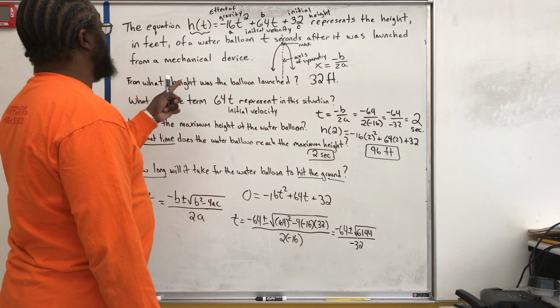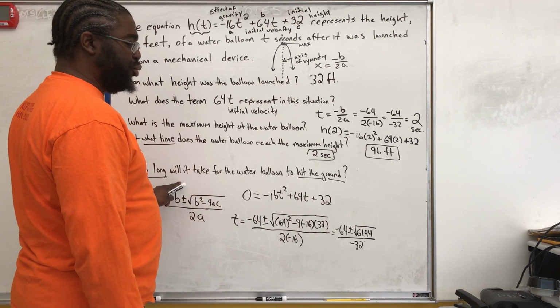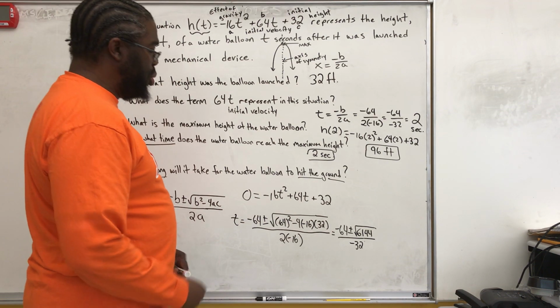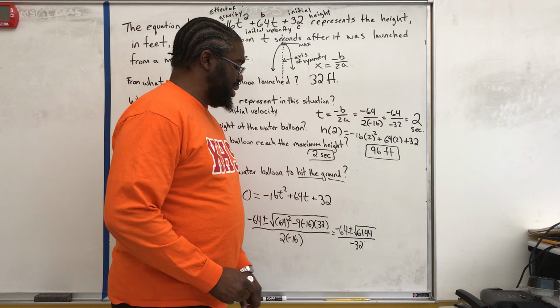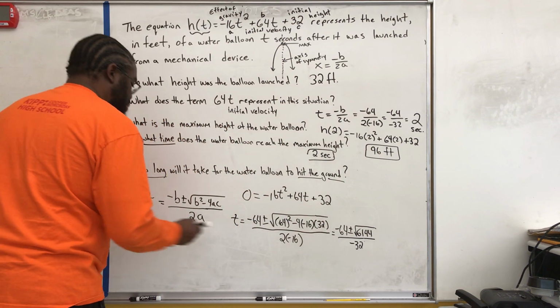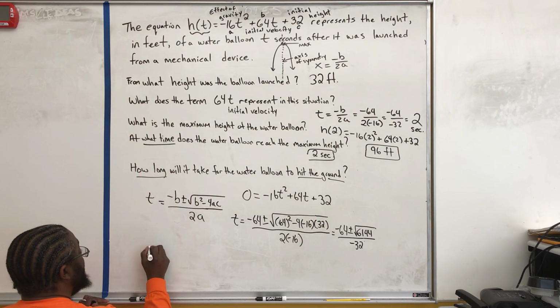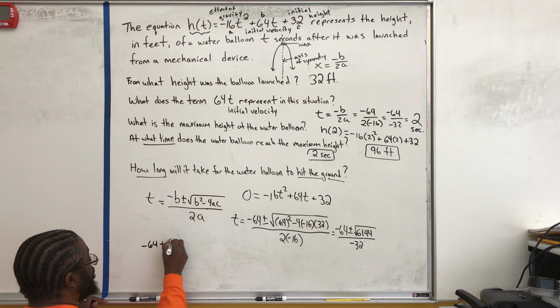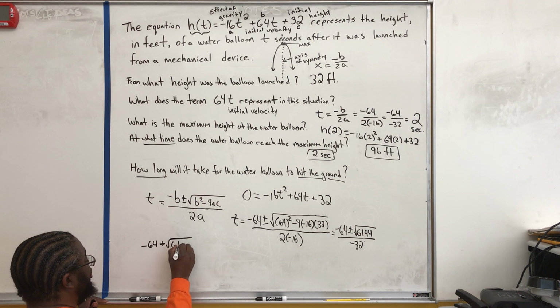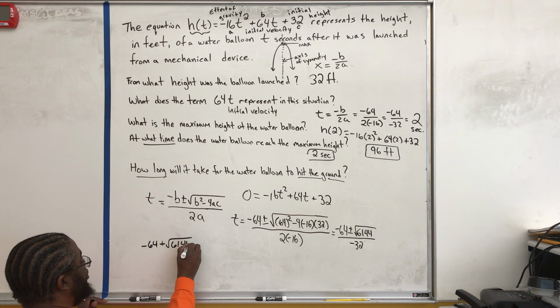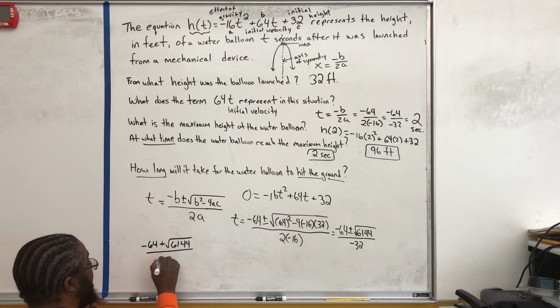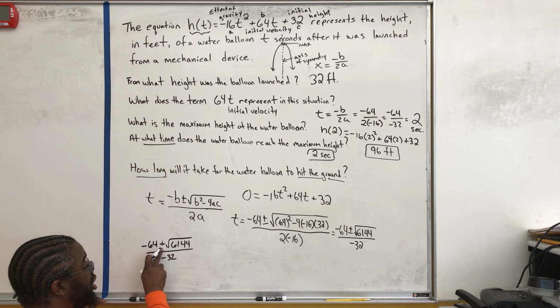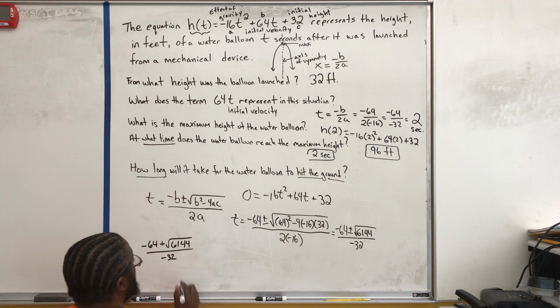And since it's a real world question, we're going to estimate to give us a real world answer. As a plus and a minus, let's deal with both. So we've got negative 64 plus the square root of 6,144 divided by negative 32. We're going to get the plus answer first, and then we'll get the minus answer later.